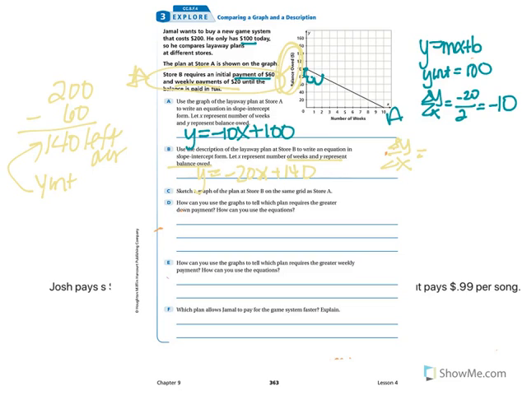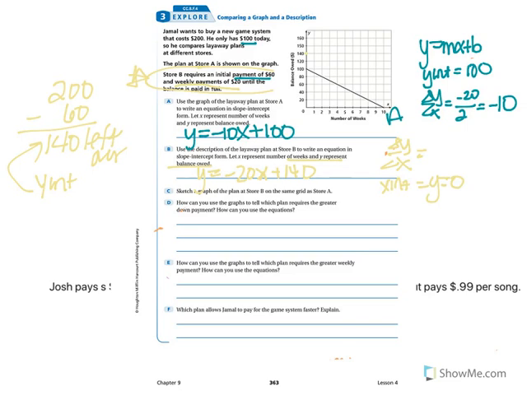Part C is we're sketching a graph for store B. Let me erase some of my markings here. Store B has the y-intercept of 140, so it's going to be up here. Then we can find our x-intercept too, which I think is going to be the easiest. To find the x-intercept, we make y equal to 0 in our equation.